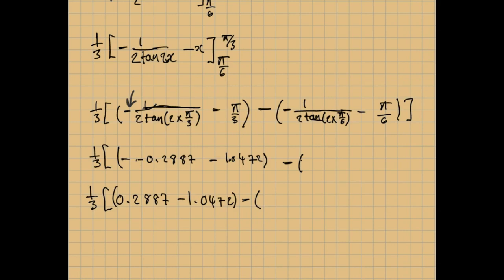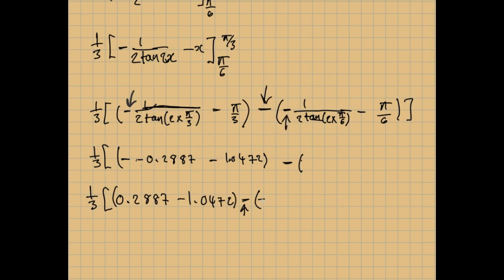And you get 0.2887 again, okay? But now here, it's negative again. So make sure that you see that this negative, I've already talked about this one, which is this one.